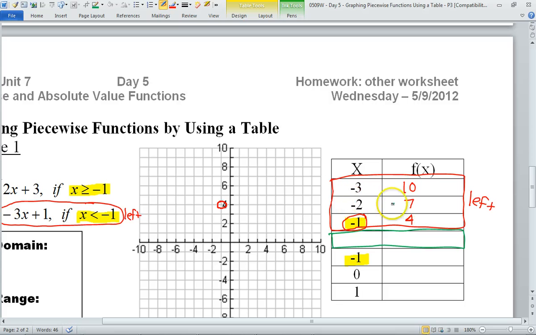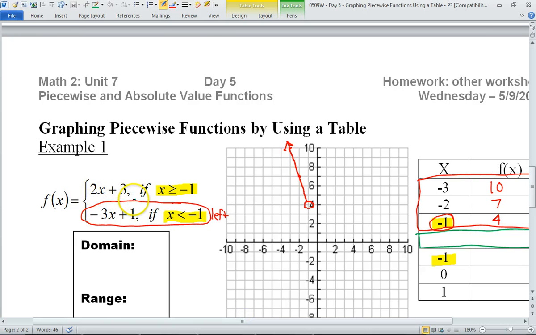Then I'm going to have negative 2, 7. Negative 2, 7 would be right here. Then I'm going to have negative 3, 10. Negative 3, 10 would be right here. Okay, so that shows me where to draw this piece. Okay, so that piece goes like that.